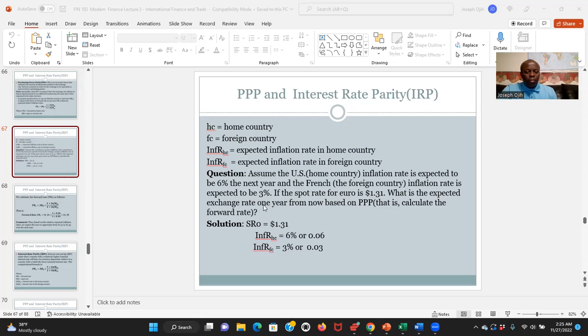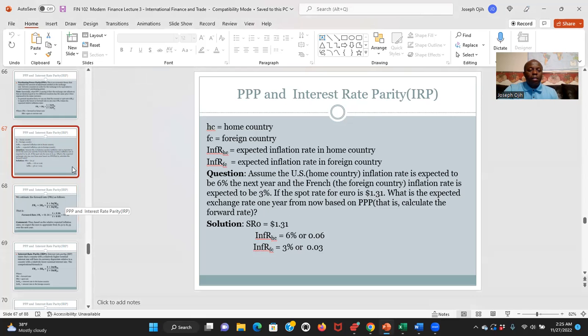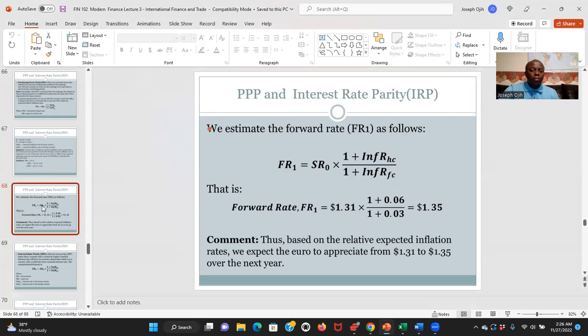And then the inflation rate in France, which is the foreign country, is 3%. So we plug them in this formula here. FR1 equals SR0, which is the spot rate, times 1 plus inflation rate in the home country, divided by 1 plus inflation rate in the foreign country.